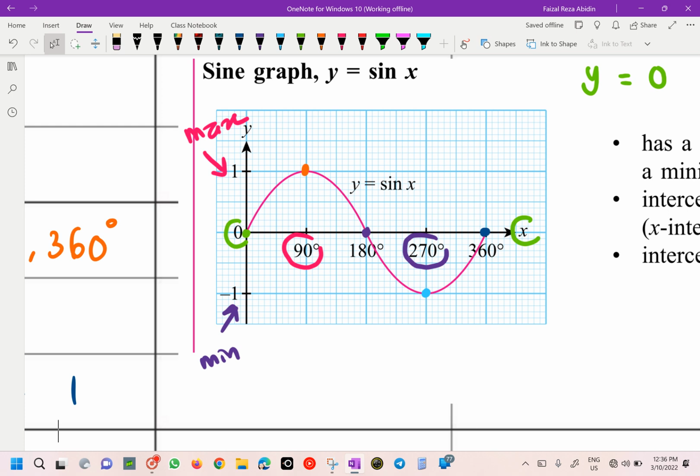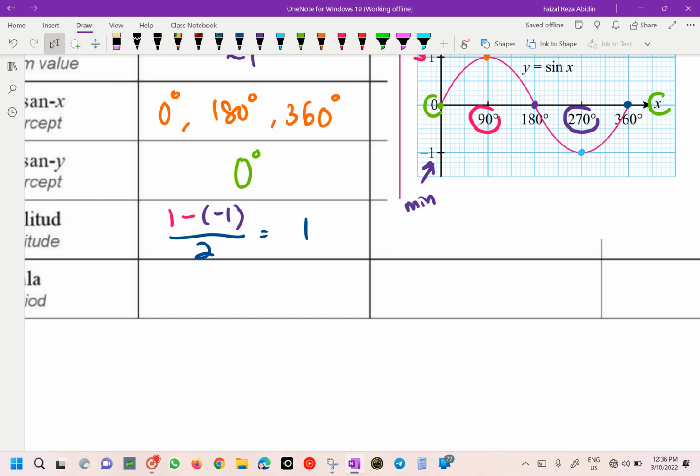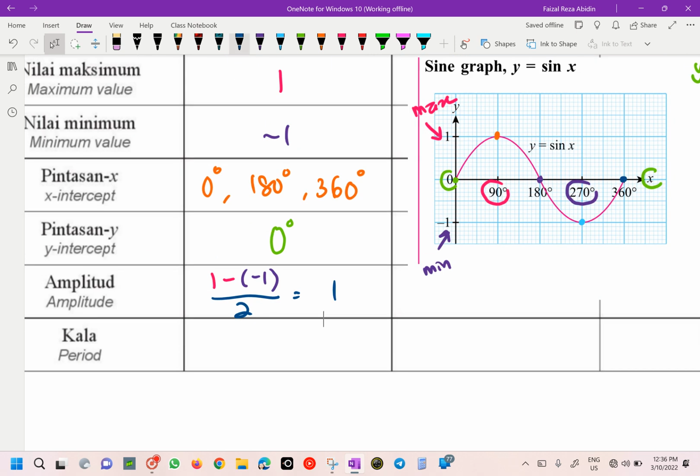Okay? So if you are saying 180, cannot, why? Because it's not completed, it's halfway. So to complete it, you are going to get 360 degrees. So the answer there for one period of our sine is going to be 360 degrees. Okay.